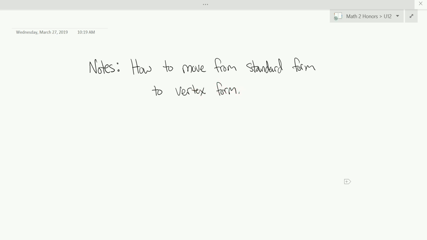If it factors, factoring is the easier route, but not everything's going to factor. In fact, in the real world, most things don't factor. So what I'm teaching you here is going to be a more powerful form. This form works on all the factorable things, but it also works on anything that doesn't factor.